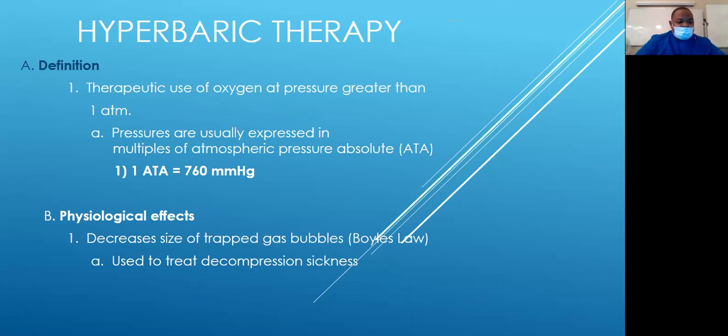Hyperbaric therapy. We know that the atmospheric pressure at sea level is 760 millimeters of mercury. That's the pressure of all of the gases in the atmosphere, okay? All the pressures of the gases in the atmosphere added up together equal one pressure of 760 millimeters of mercury.